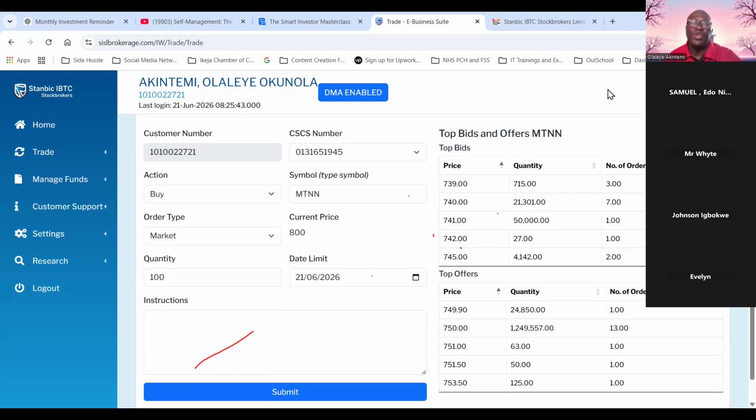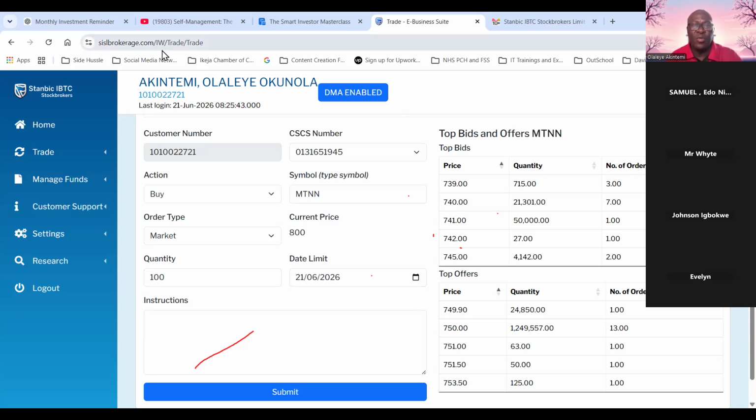So why should you be buying stocks at the market price when somebody in the market is offering to sell it at 749 Naira, 90 kobo?